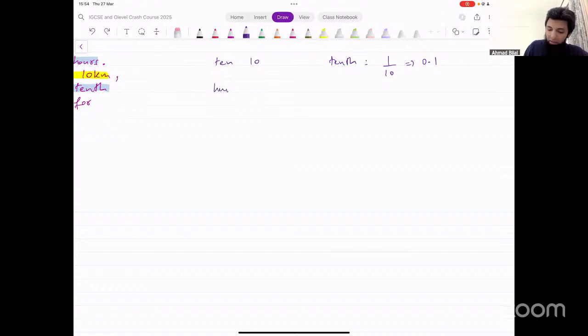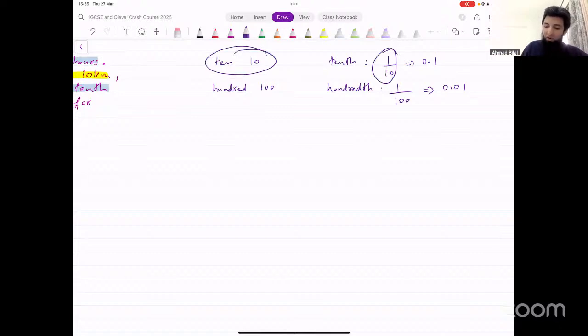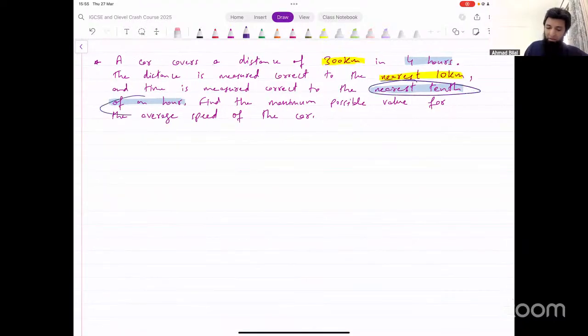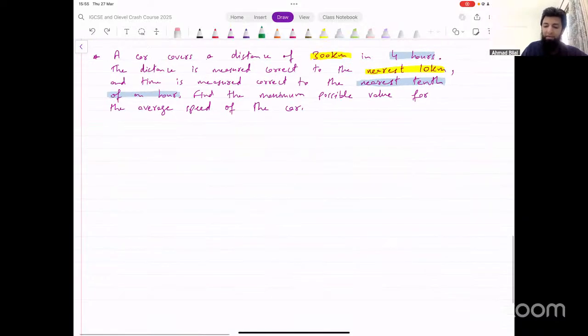Similarly, if something is measured correct to the nearest 100th, that would mean 1 over 100, and that is 0.01. Similarly, 1000th and so on. So when they say it's correct to the nearest 10th of an hour, that means to the nearest 0.1 hour. That's the accuracy level for time that we're given.